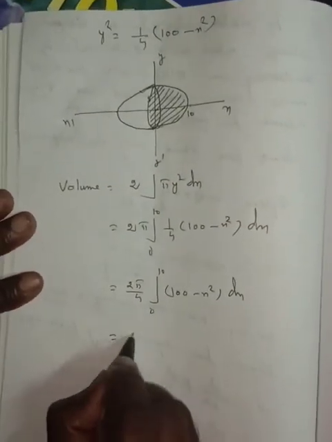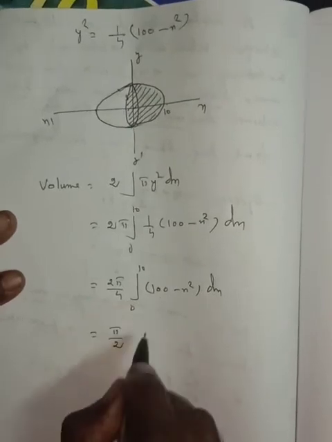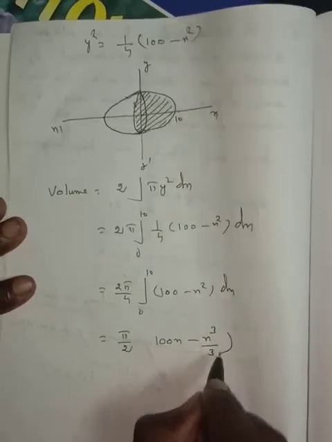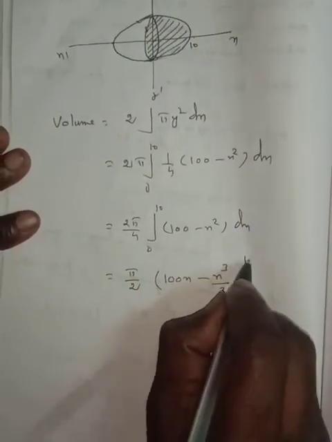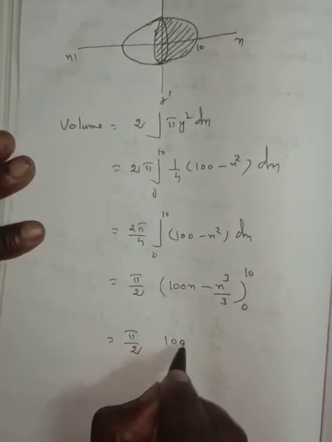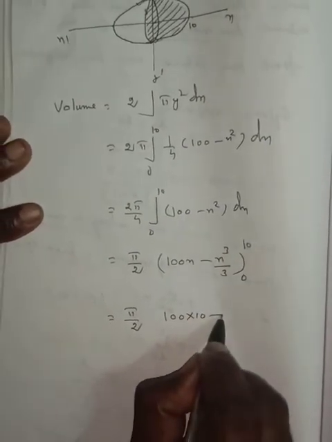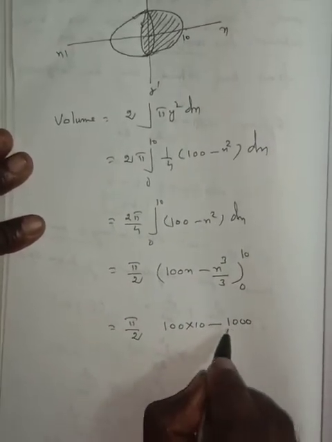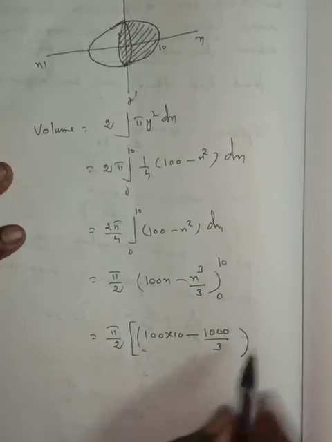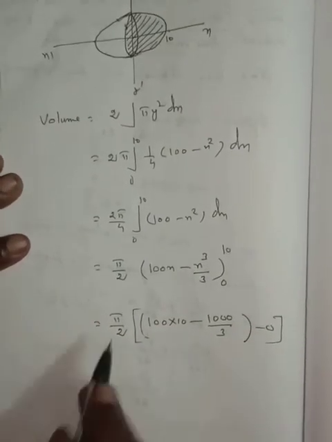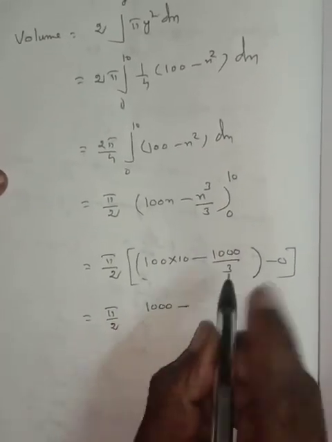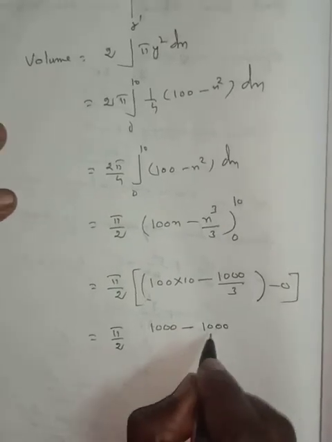Now pi by 2, integrating, we get 100x minus x power 3 divided by 3, 0 to 10, is equal to pi by 2 (100 into 10 minus 1000 divided by 3) minus apply lower limit 0, is equal to pi by 2 (1000 minus 1000 by 3).